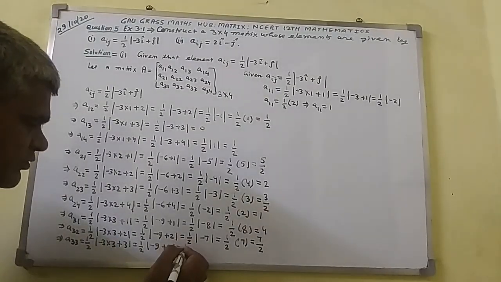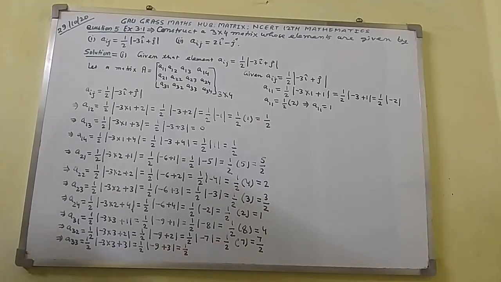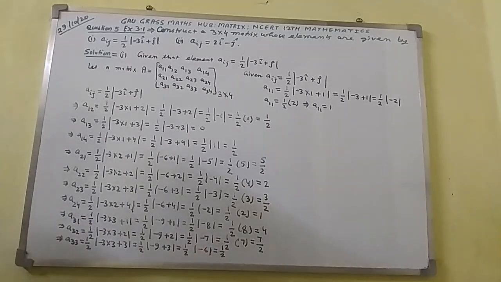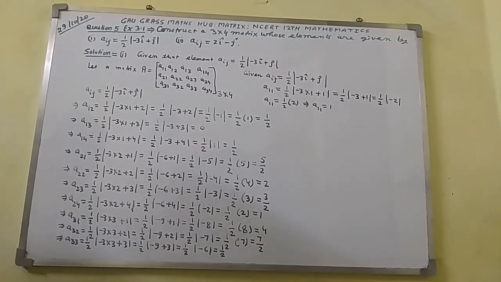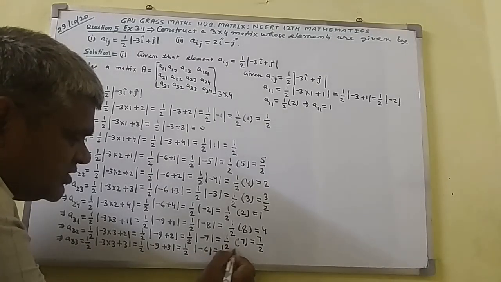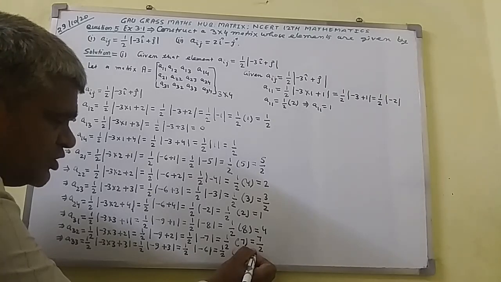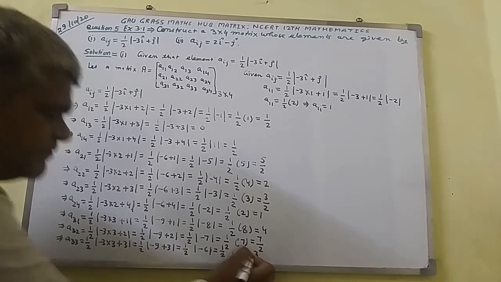So 1 over 2 mod minus 9 plus 3 will get minus 6. 1 over 2 mod of minus 6, you will get only 6. 6 over 2 will get 3.